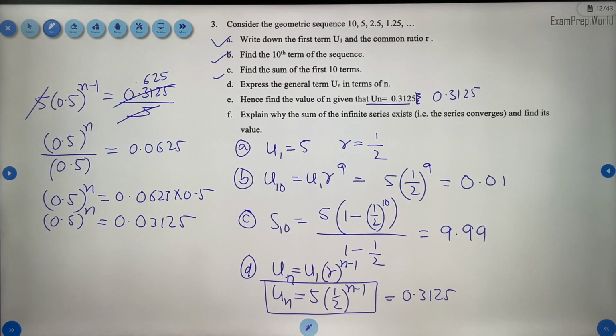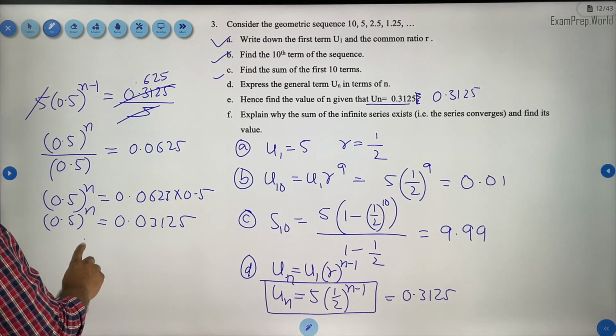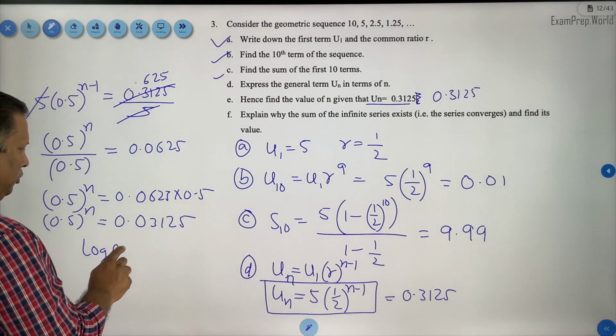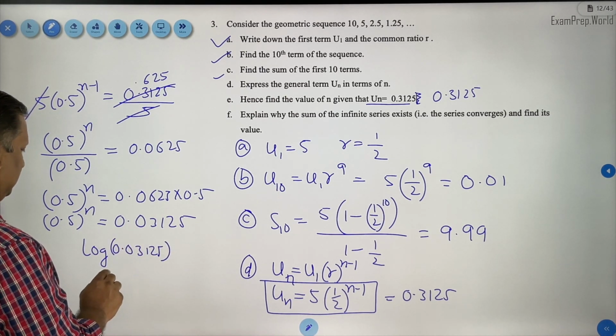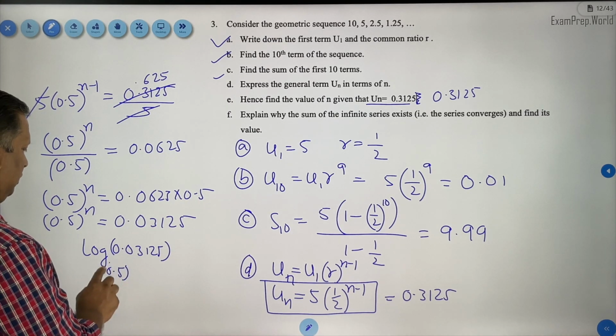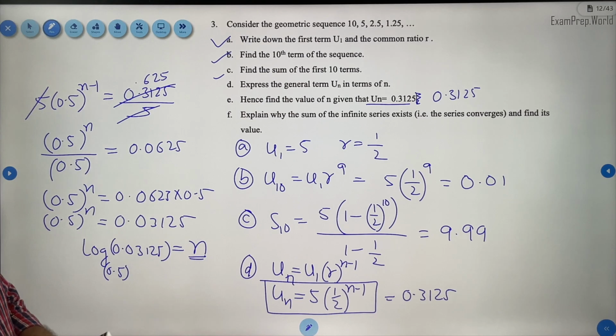How do you calculate this one? Now you have to use logs. I hope you are good in logs. So log of 0.03125 to base 0.5 will give you your value of n. This is how we do this. Okay, let's do that.